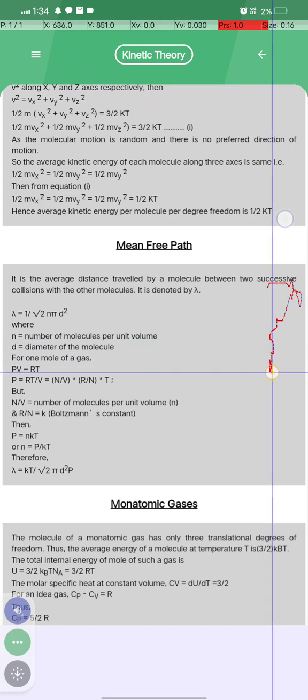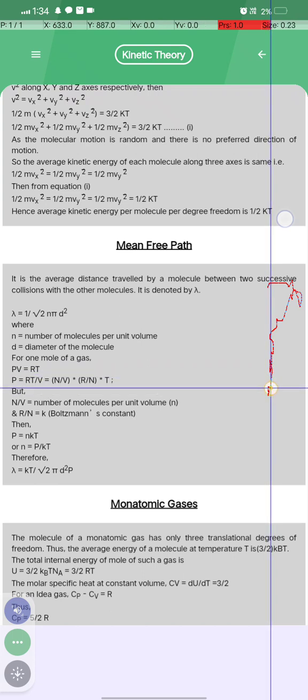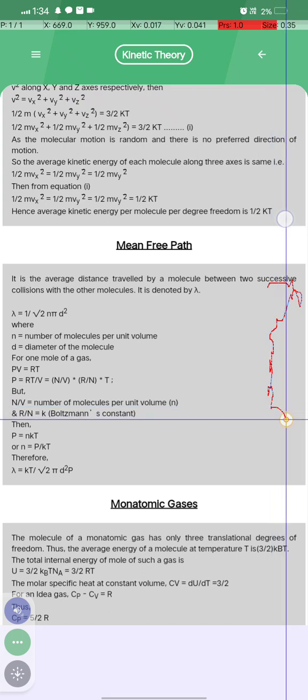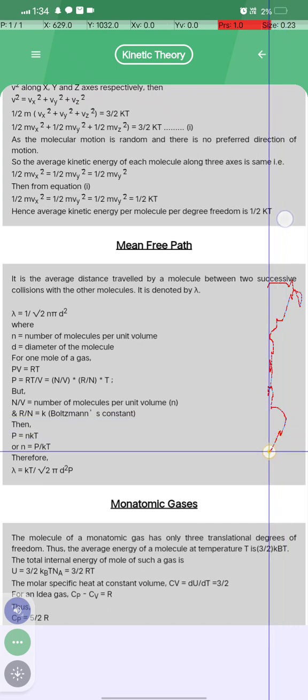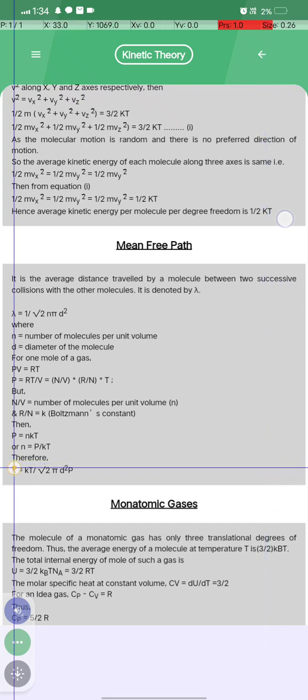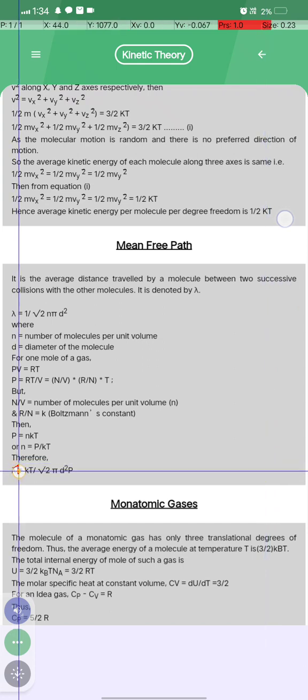For 1 mole of gas, pV is equal to RT and p is equal to RT by V, or p is equal to N by V into R by N into T. But N by V is the number of molecules per unit volume n, and R by N is equal to k, the Boltzmann constant. Then p is equal to nkT, or n is equal to p by kT, and therefore lambda is equal to kT by root 2 pi d squared p.